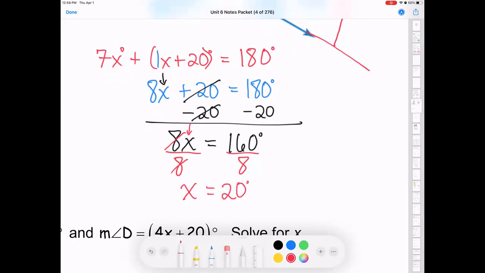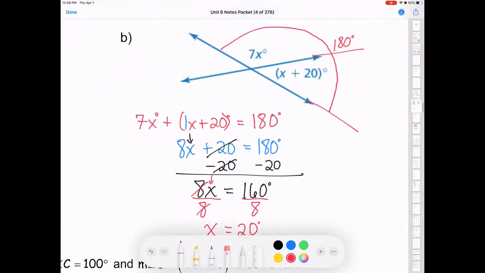Now our goal is to try and determine what our angle measures are. Well, if I look at my 7x, I'm going to go ahead and plug in my x value. In this case, I believe it is 7 times 20. And there I would get 140 degrees.